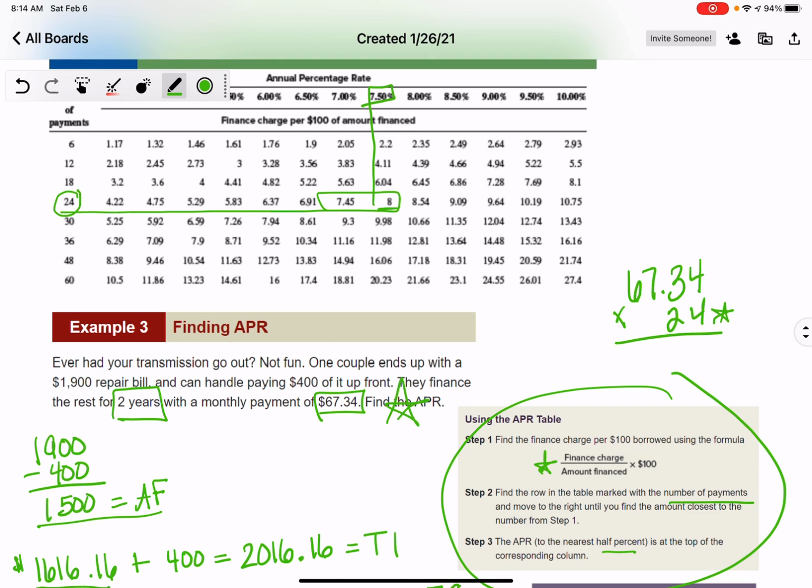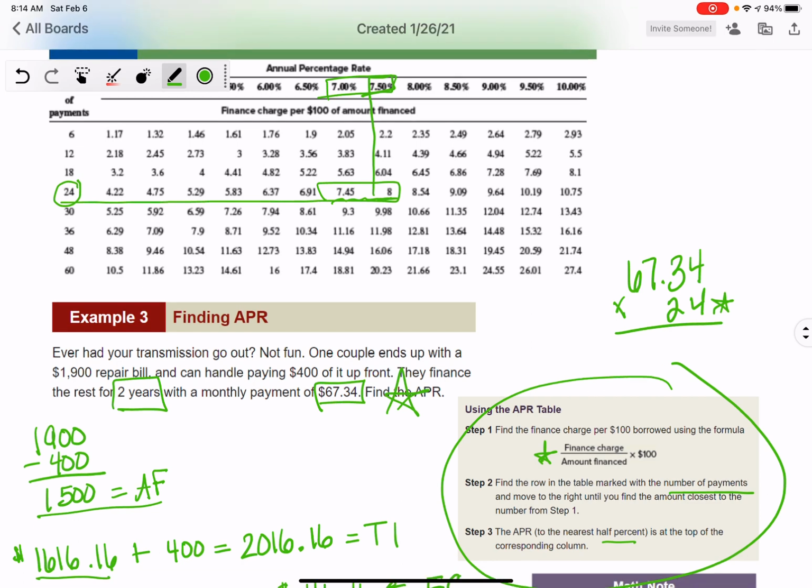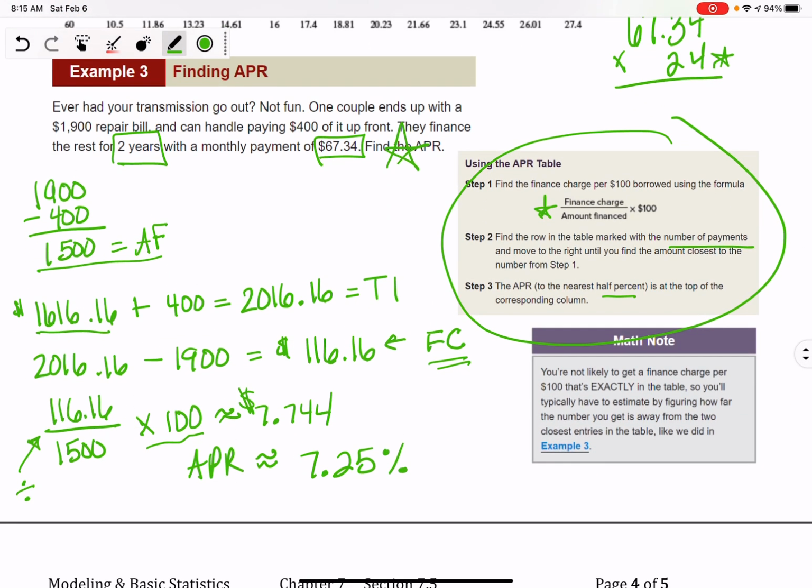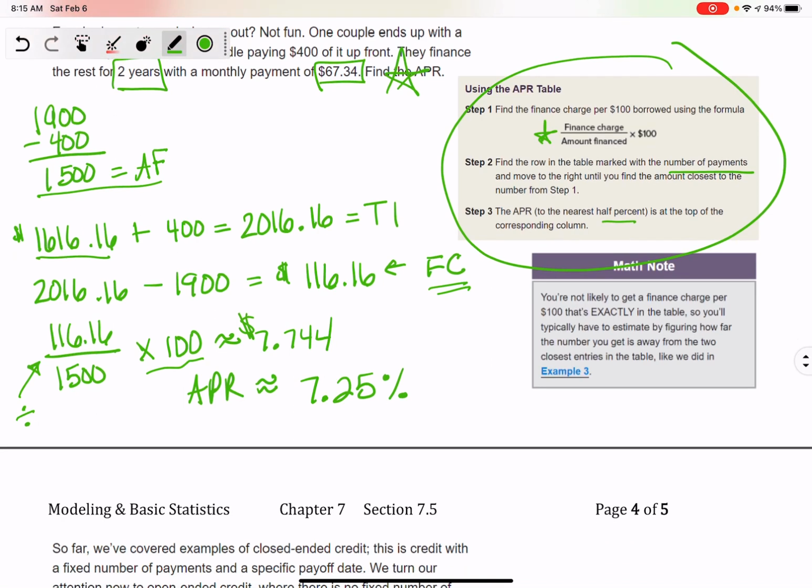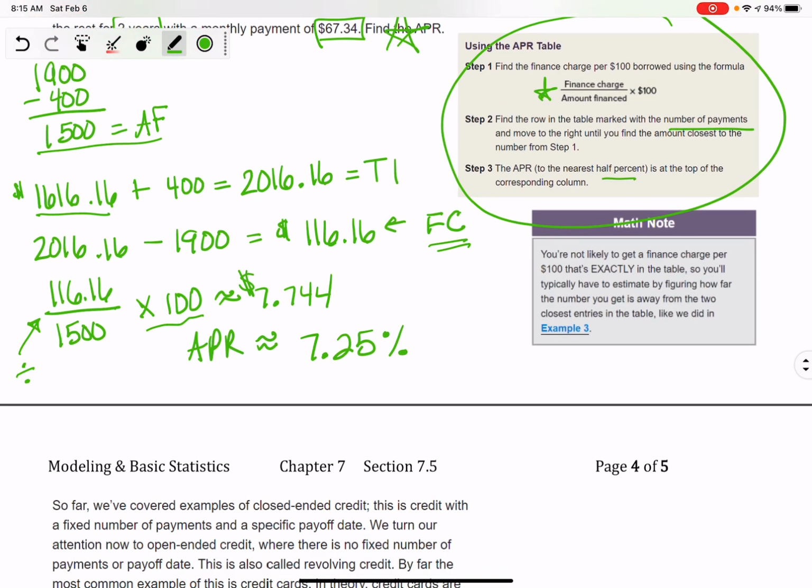We went over to the number we got in step 1, which fell between here and here. And we just estimated that it'll be between 7 and 7.50. All right. Fun stuff. Luckily, we don't actually have to do that work. But it's a nice way to check to make sure that you're not getting bamboozled.